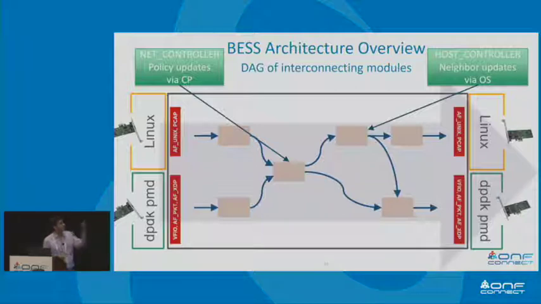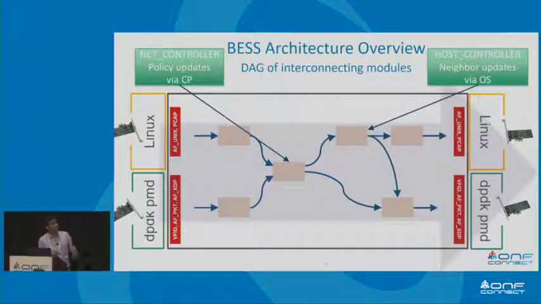So for example, the net controller in this example figure can be talking to a UE session management module, and then on the fly, new policies or new rules can be updated in that module individually. So the controller won't really care what's written before this module or what's coming after this module.